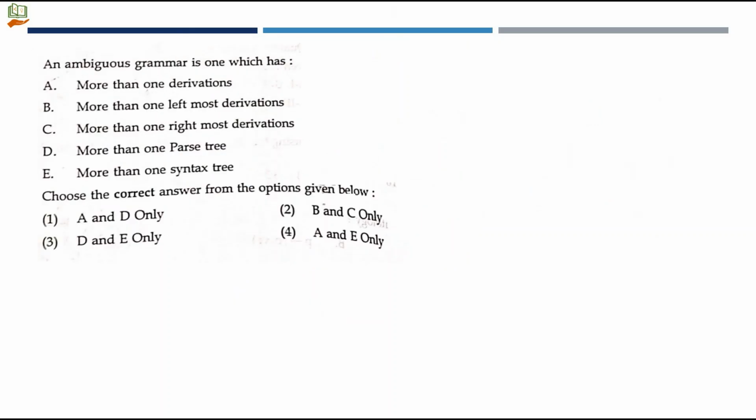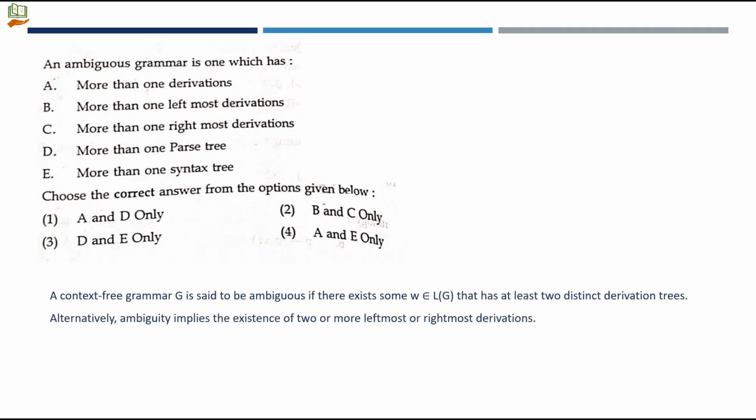Next question, an ambiguous grammar is one which has. Ambiguity means it should have more than one meaning or more than one form. A context-free grammar is said to be ambiguous if there exists some string that has at least 2 distinct derivation trees. Different derivation is what they have mentioned as distinct derivation. Alternatively, we can tell ambiguity implies the existence of 2 or more leftmost or rightmost derivations.